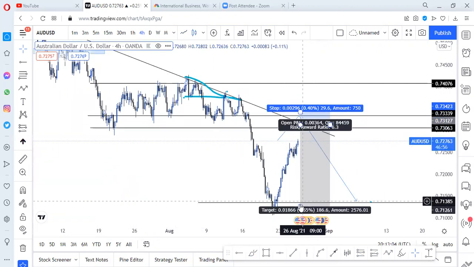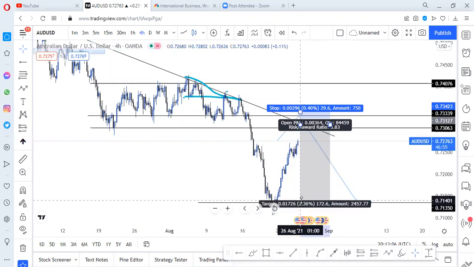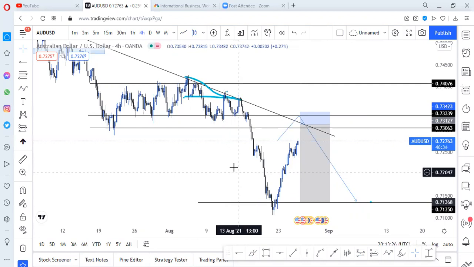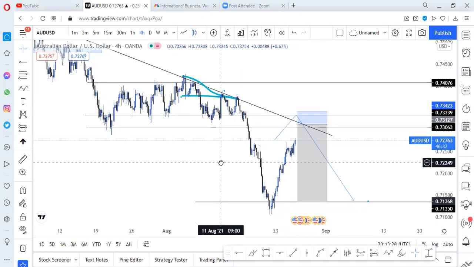If you wait more, you might not have to risk more. But if you are less patient, you are going to be forced to stretch your stop loss, meaning allowing more room for drawdowns.